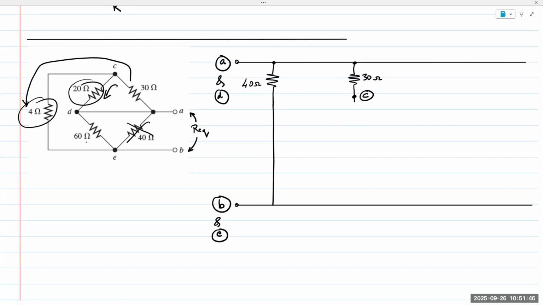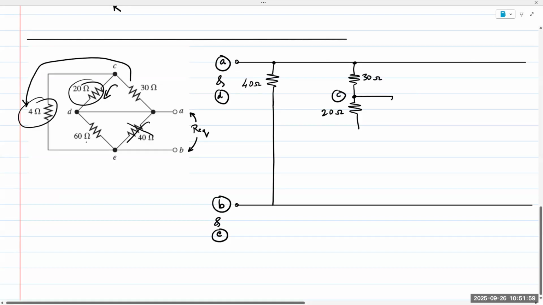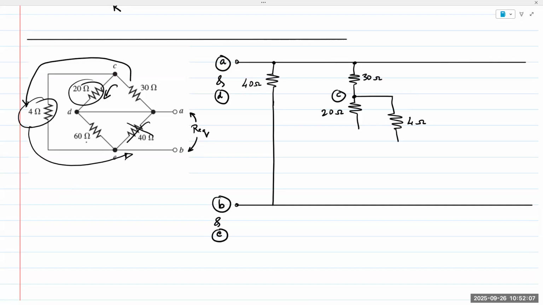So let's draw out the 20 ohms, and then I also have a 4 ohm resistor. That 4 ohm resistor is going to be at E. So far, so good.